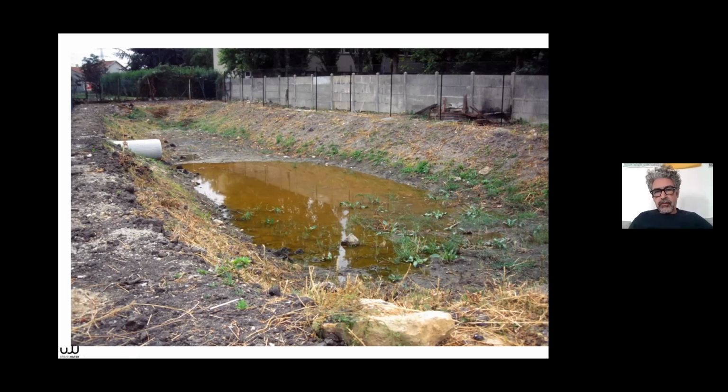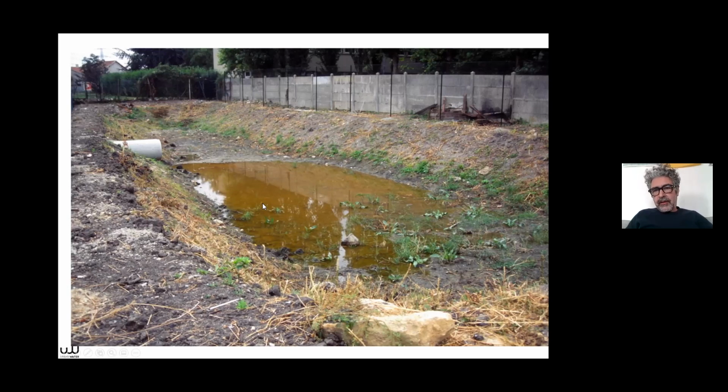So this is basically a hole in a plot, and when it rains, this is where the rain comes. Sometimes it filters down into the ground. Sometimes it's really quite dirty, but sometimes it doesn't filter because the soil doesn't allow for this. So the basin empties very, very slowly towards the sewage system, once the sewage system is not saturated anymore.